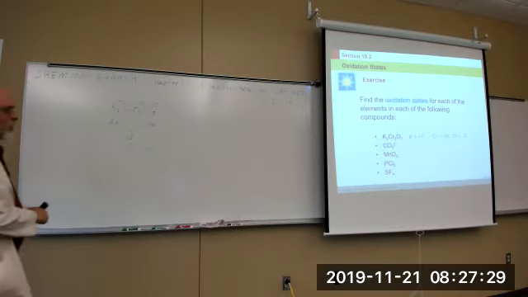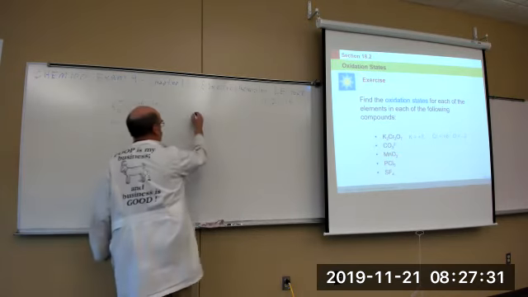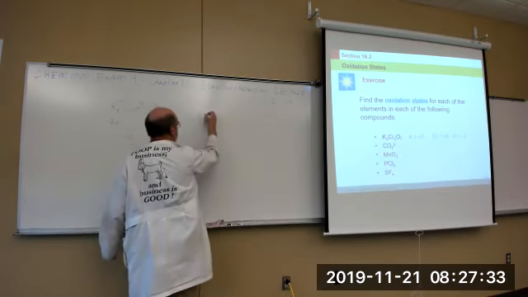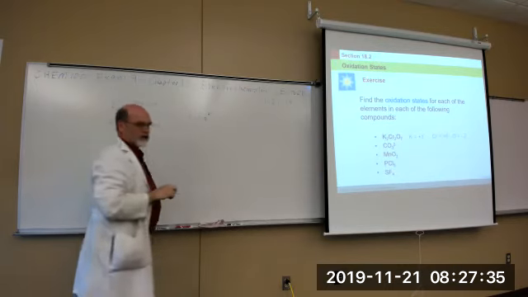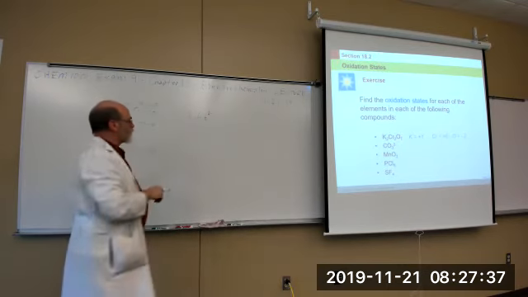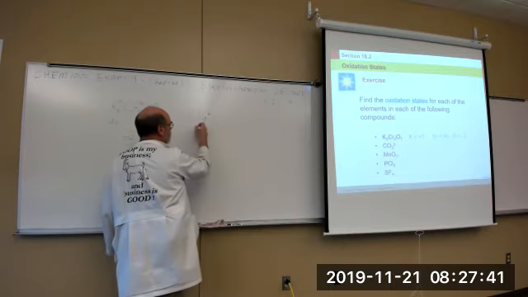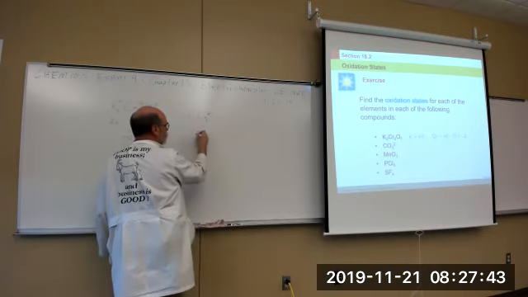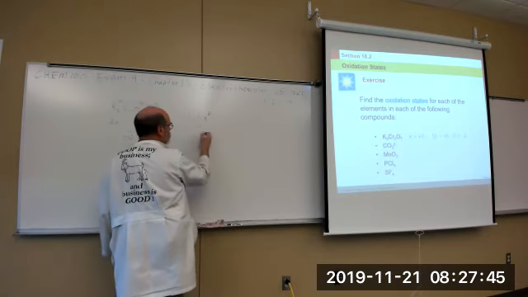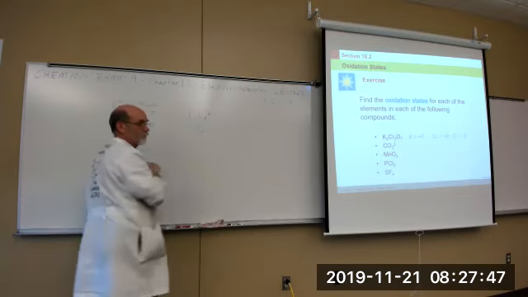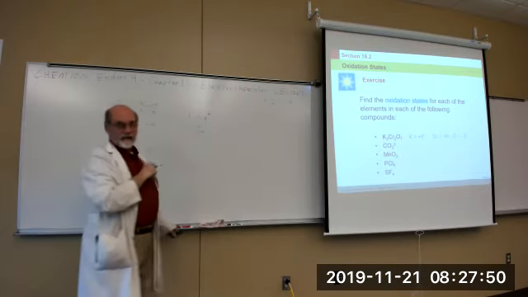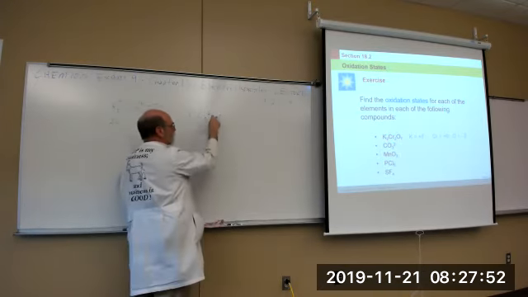Okay, how about carbonate? Carbonate is a polyatomic ion with a 2- charge. So if you start with the one we know, which is oxygen, which is 2- for each one, which means 6- total. And we've got to be sure that we have 2 minuses left over.